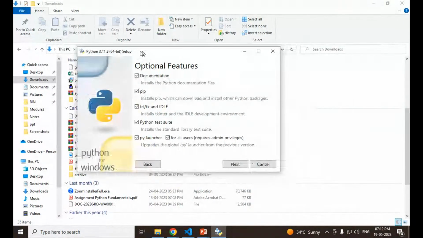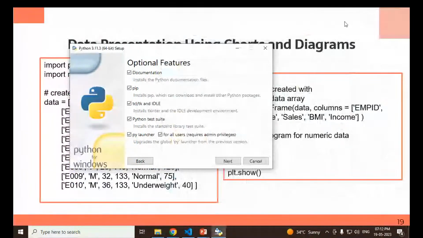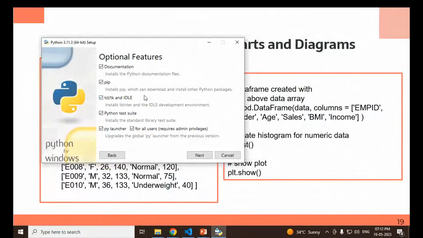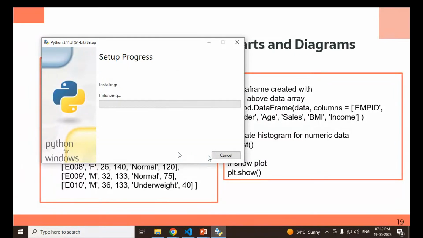You can see on my screen, all of you can see there's a pip command which is already installed in your computer if you have checked this. If you want, you can install it again, click next and ask it to install.